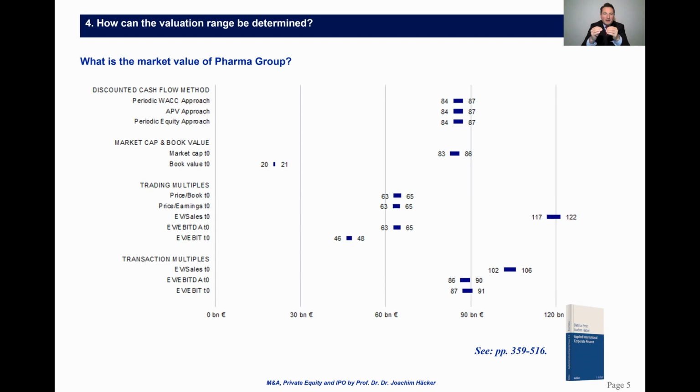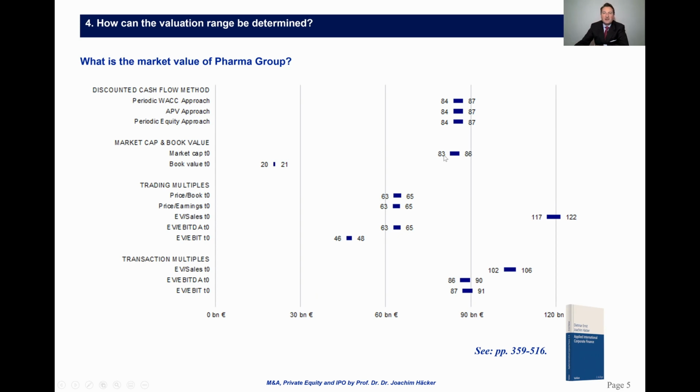The periodic WACC approach, the APV approach, and the periodic equity approach come up with the very same result. There is not 1 cent of difference within these 3 approaches if applied correctly, which we have done here. So in our case, we come up with roughly 85 billion based on DCF. Next one, the market cap is slightly smaller.